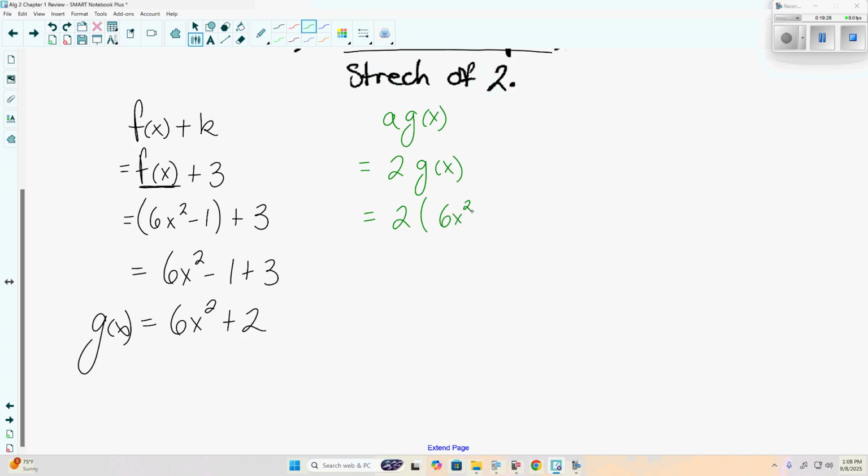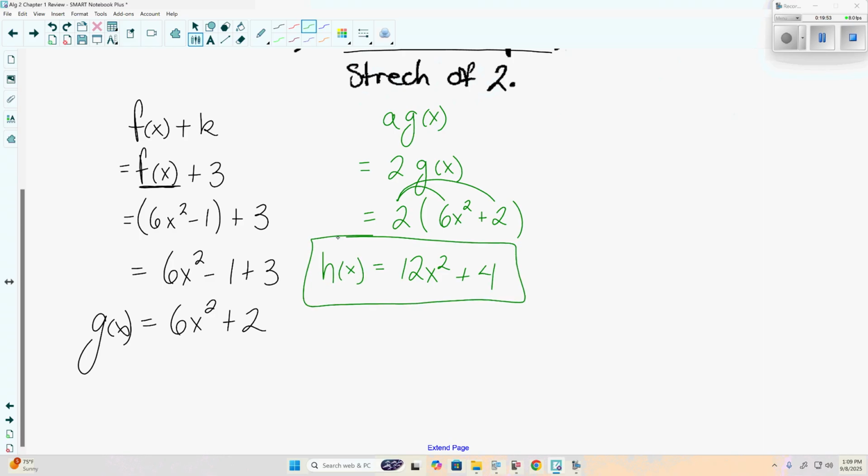Now, since we still have g of x, we can go on and replace it with its function, telling us that we have 2 times our 6x squared plus 2. Last thing we have to do is distribute the 2. 2 times 6x squared is 12x squared. And 2 times 2 is 4. Now, what we name it really doesn't matter.